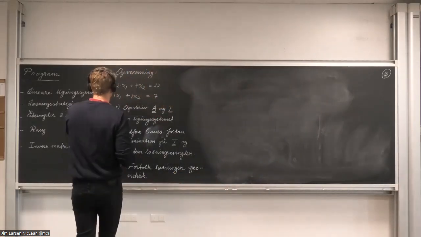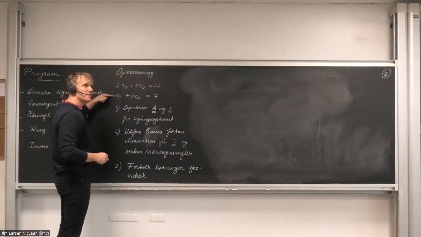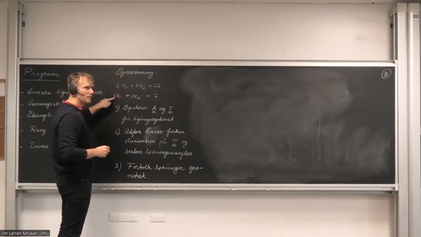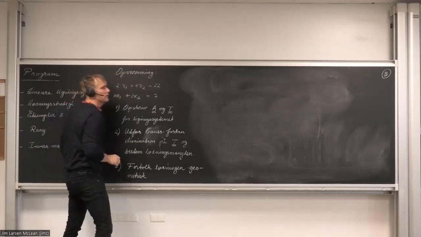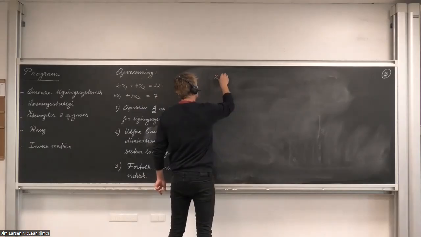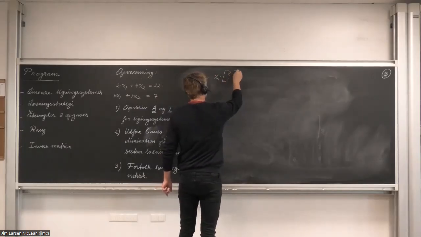What does it actually say here? If we look at this line and that line simultaneously, you can see that x1 is multiplied by 2 and x1 is also multiplied by 1. How could I write that down? Well, we can write it like this. x1 is multiplied by the vector with coordinates 2 over 1.